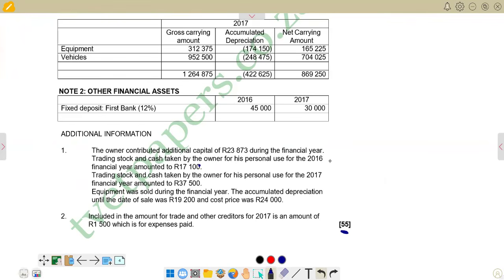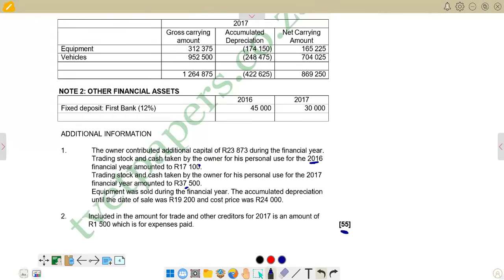So remember, this is referring to the 2016 financial period, and the cash flow statement that we are preparing is for the 2017 period. So we are going to ignore this one. But then in 2017, they're saying trading stock and cash taken by the owner for his personal use for the 2017 financial year amounted to 37,500. So we are going to use the one for the current year, 2017, 37,500. So this is the figure that we have for drawings.